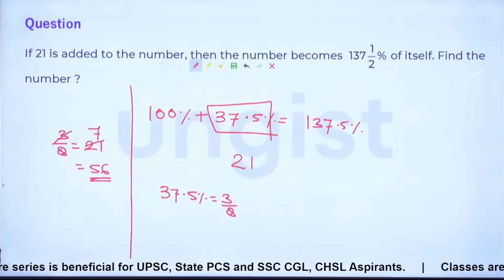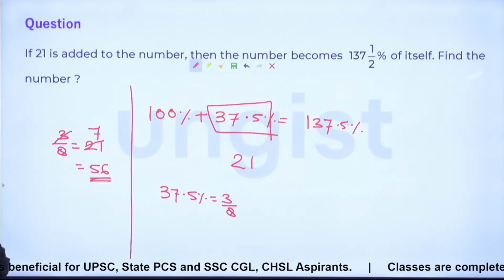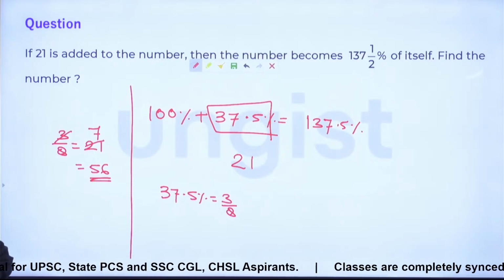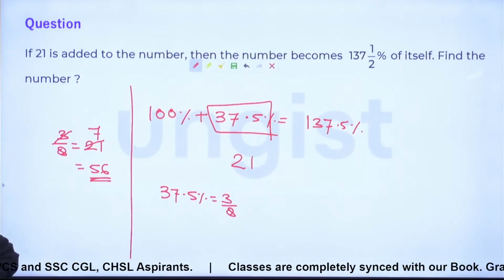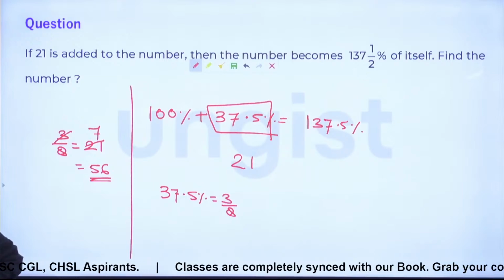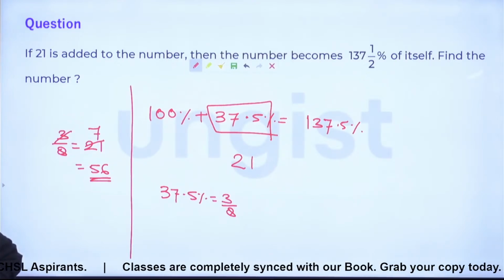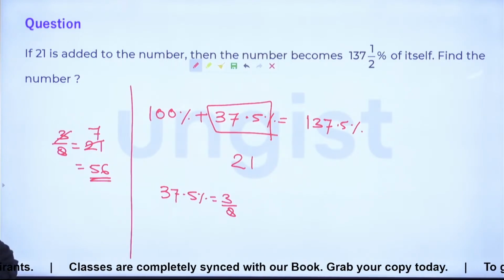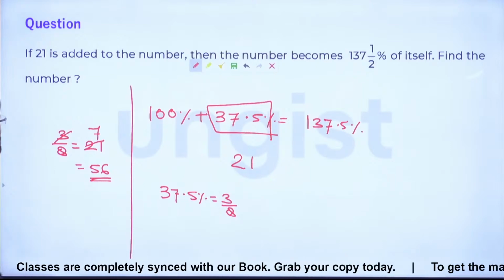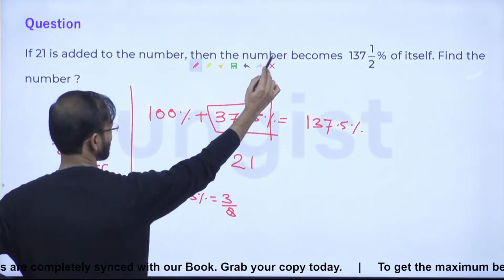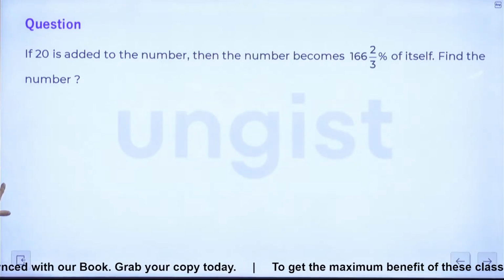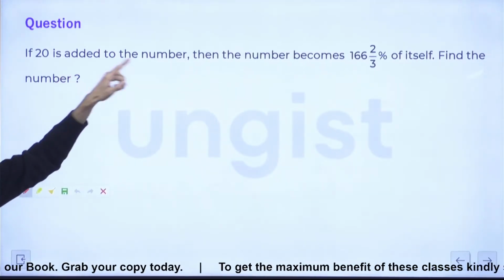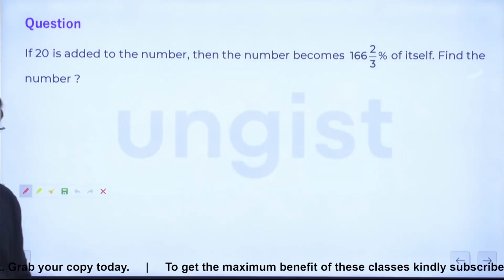ठीक है, चलिए। ओके, shall we move? All right. After that, yes, everyone, बताएं जरा, what is being added? पहले तो ये बताइए। 66 2/3.